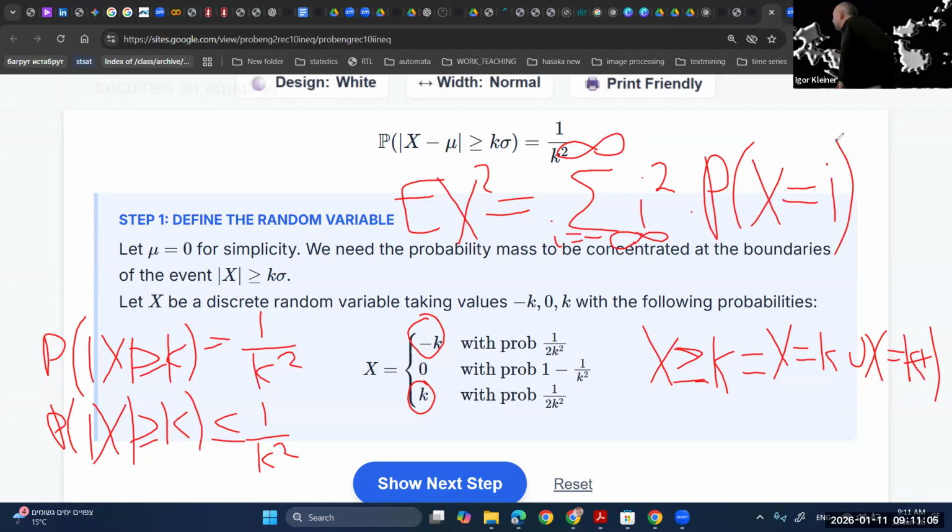And here we have only three cases: minus k, 0, and k. Minus k squared is k squared, so here we have k squared times this probability, plus 0 squared times this probability, plus k squared times this probability, and we get the answer.